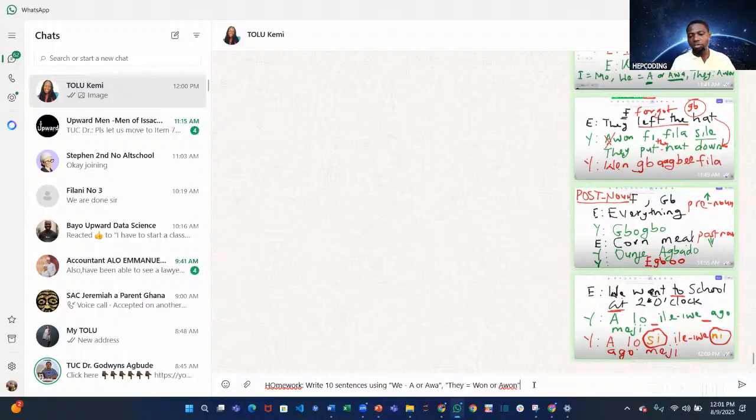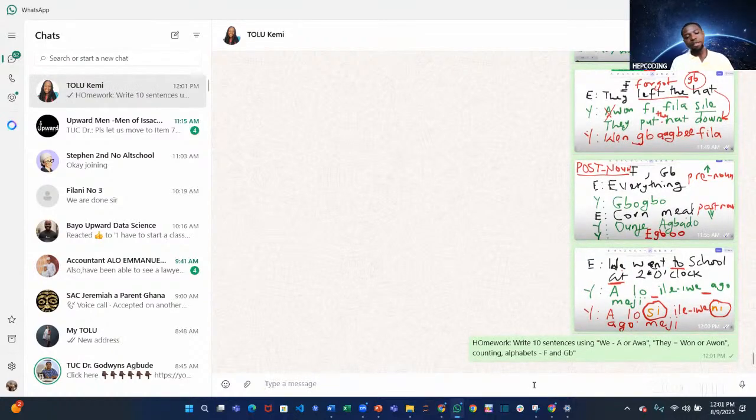You will decide how to use it. I want you to add counting to it, and use the alphabets F and B. So 10 sentences: you write the English followed by Yoruba.